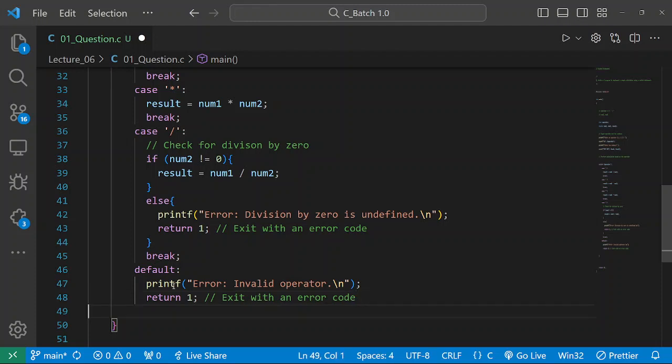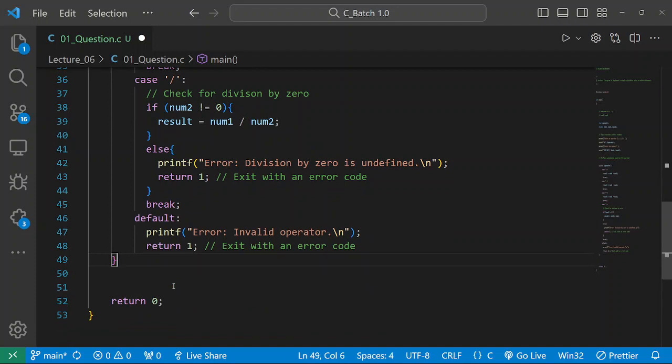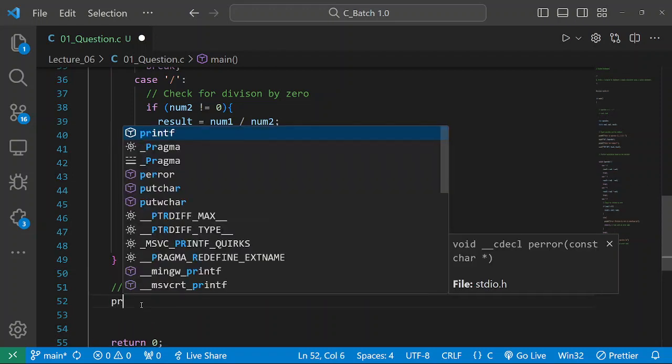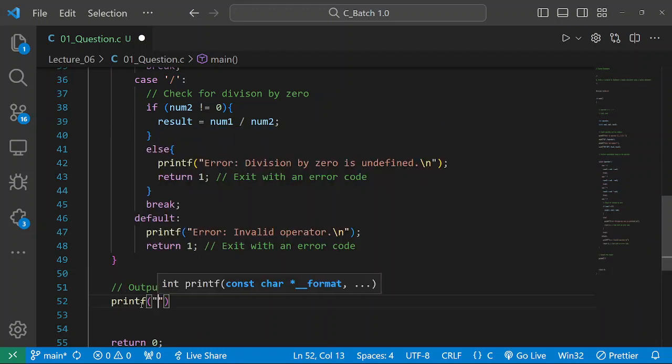So yeah, this will be the code, and at the end I have not printed the result here itself. You can see I can print the result outside it, so for all the cases I will be writing result.